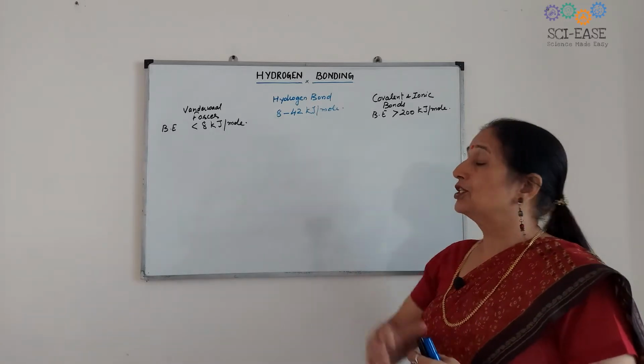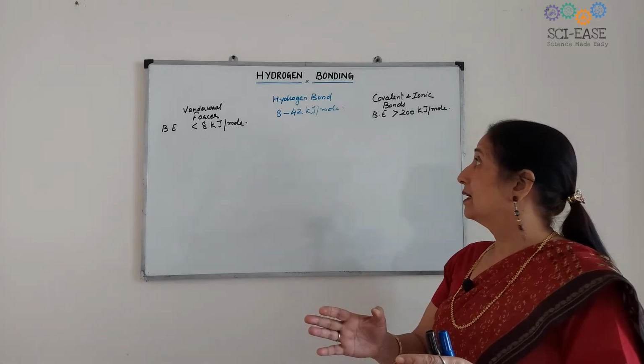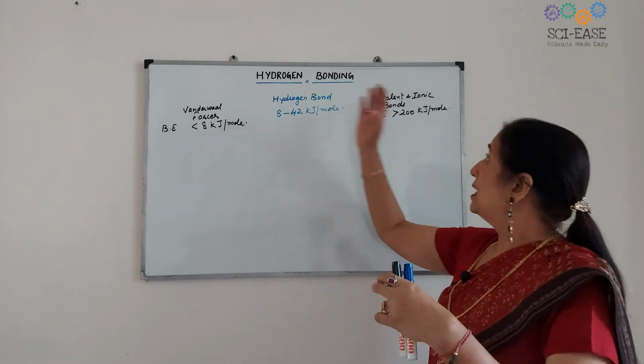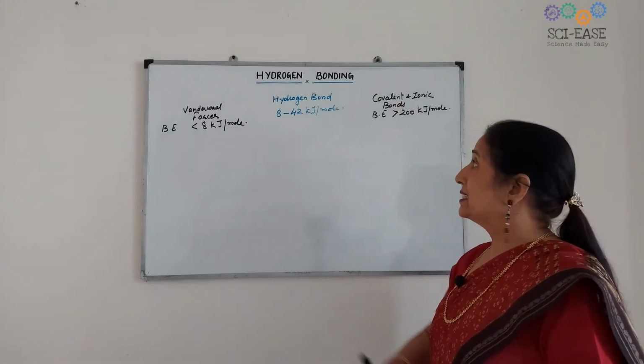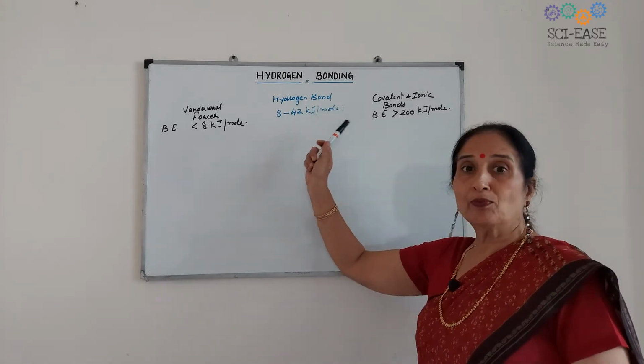And the bond energy of the hydrogen bond is in between van der Waals and the covalent or ionic bonds. So it is 8 to 42 kilojoules per mole.